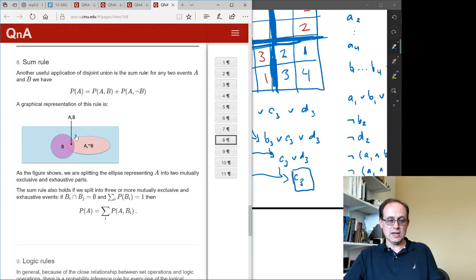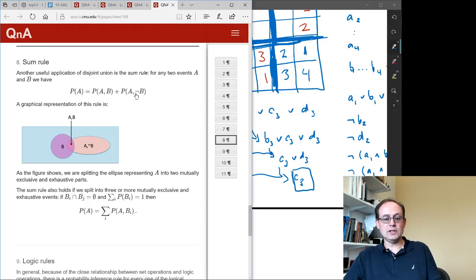So here, in this overlap is A and B, and this part that's not overlapping is A and not B. And we know that because these 2 things are disjoint, the probability of A is equal to the probability of A and B plus the probability of A and not B. Okay, and that's the sum rule.